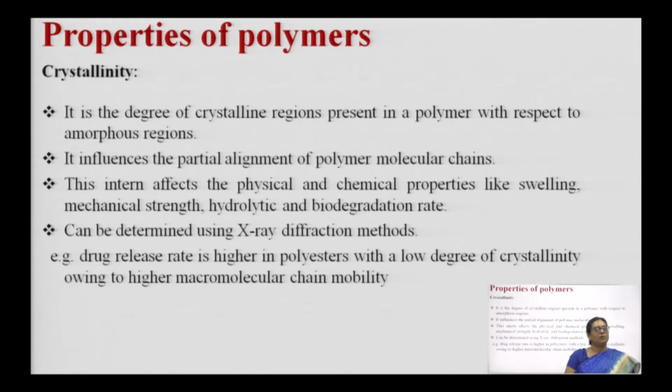The same thing happens with polymers. Polymer chains can exist both in crystalline forms as well as amorphous forms. A given sample of polymer is often a mixture of crystalline and amorphous forms.